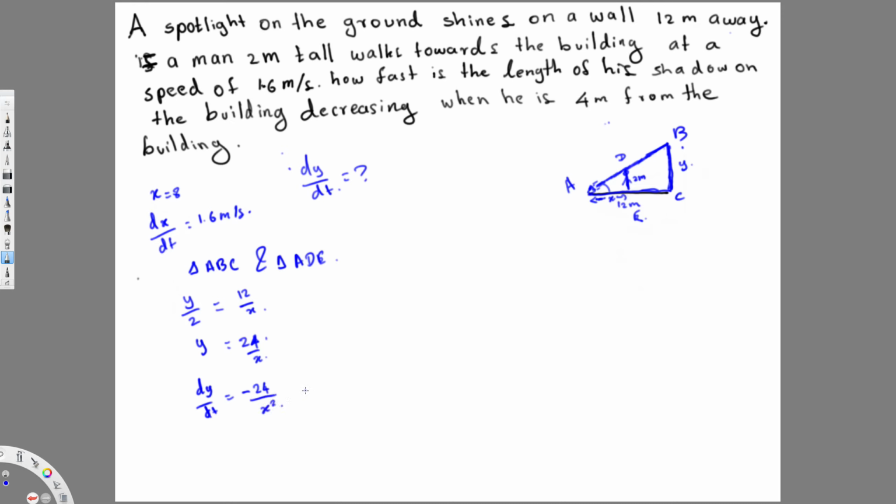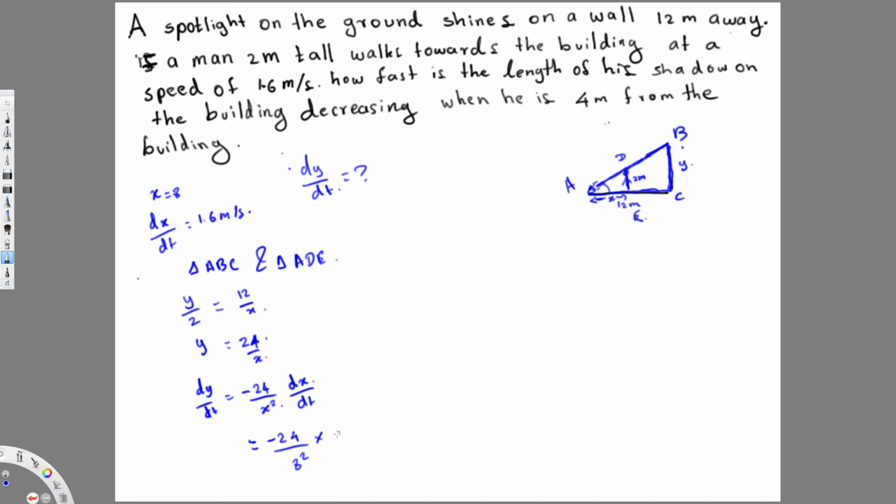Now I have formed a connection right here, so it's going to be minus 24 over x squared, and this multiplied by dx/dt. Now if you solve this, I will get minus 24. We know x is equal to 8, so it's 8 squared times dx/dt.